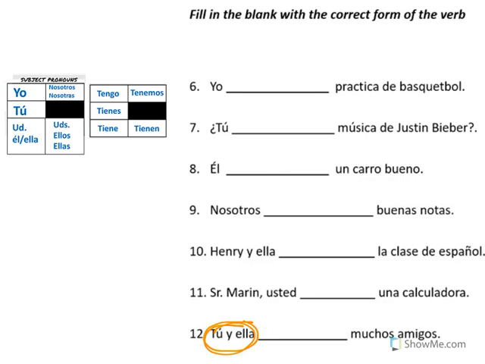Well, we know that it's not going to fit here because this is for one person and these are for two or more. So we know that it has to be right there. So tú y ella is going to fit best right there. You all. So the answer and the missing word for tú y ella, tienen muchos amigos. You and her have a lot of friends.